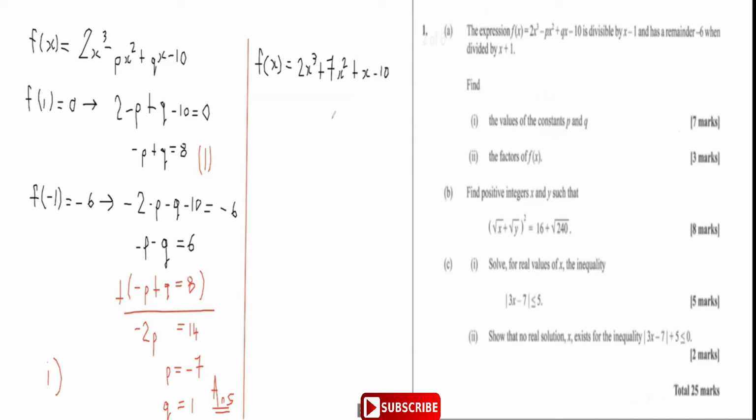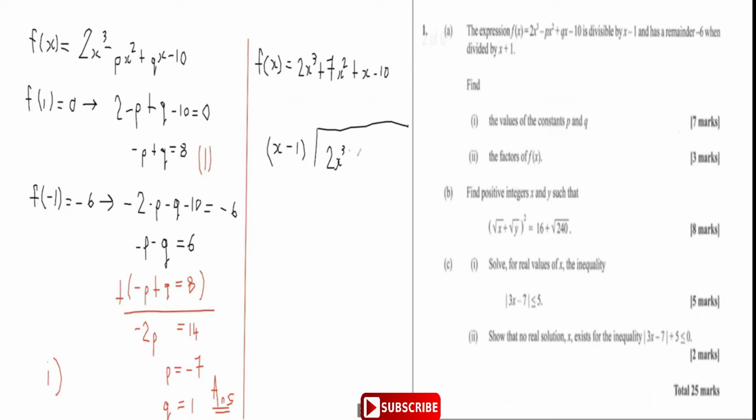Now we can go ahead and do our polynomial division to find the quadratic factor of f of x. Remember, it told us that it is divisible by x minus 1. So we're going to divide f of x by its factor of x minus 1.